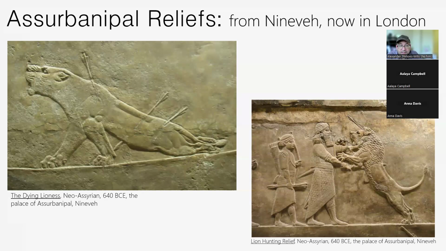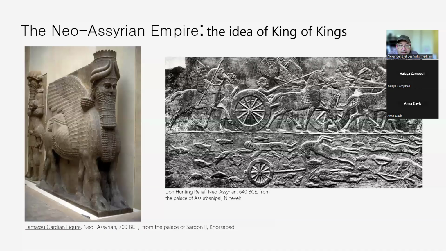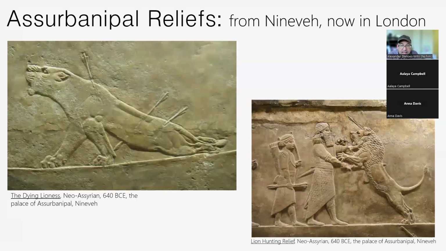At their height, at the time when Ashurbanipal was reigning, and shortly after Ashurbanipal, things collapse for the Assyrians entirely. But at their height, things are going pretty well. Mainly, when we look at Assyrian art, we're looking at it because in some ways it's the high point of Mesopotamian art. We're also looking at it because I talk about the Dying Lioness a lot.